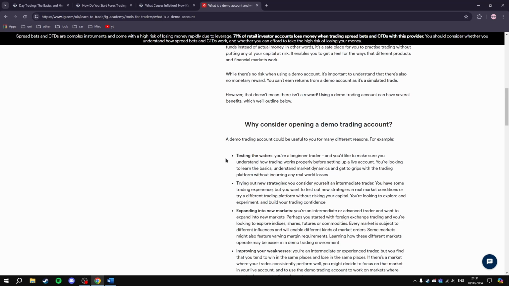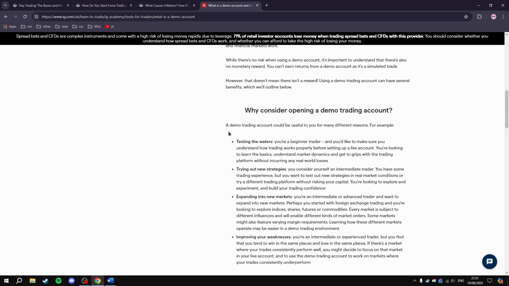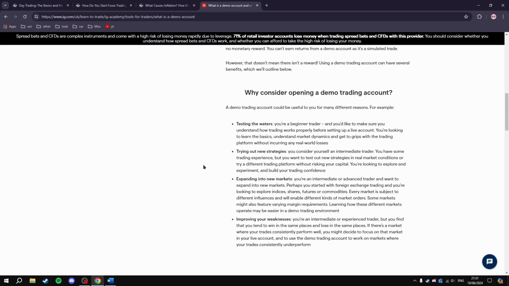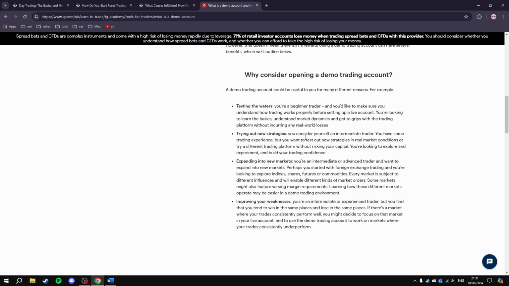Whether you want to test the waters as a beginner trader, understanding how trading works properly before setting up a live account, learning the basics, understanding market dynamics and getting to grips with the trading platform without incurring any real world losses, or as an intermediate trader where you're trying out new strategies in real market conditions, or trying a different trading platform without risking your capital, so you're looking to explore, experiment and build your trading confidence.